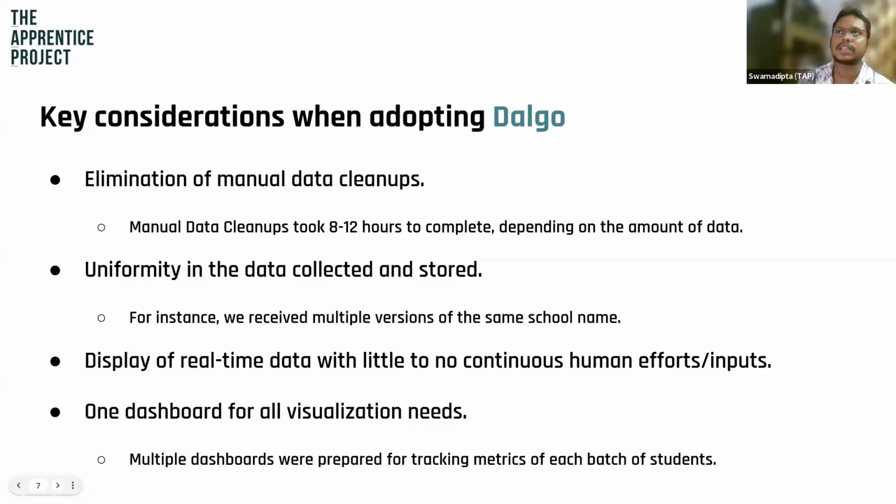For instance, take a Delhi school, Sarvodaya Kanya Vidyalaya. I am entering Sarvodaya Kanya Vidyalaya, but some other teacher from my school is entering SKV, which is basically a short form of Sarvodaya Kanya Vidyalaya. So it became two separate schools, although in spirit it remained as one. This is something we face, uniformity in the data.